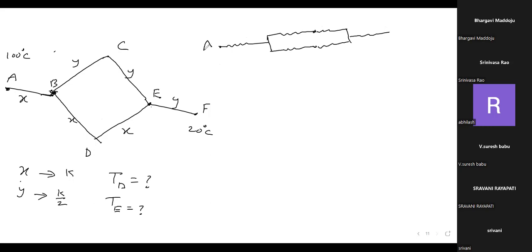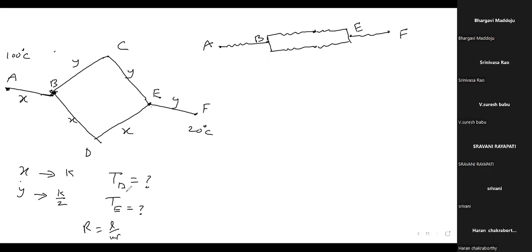This is the point A. This is the point F. This is the point B. This is E. You know the thermal resistance formula, R equal to L by K. Now here, thermal conductivity of Y is K by 2. X is K.